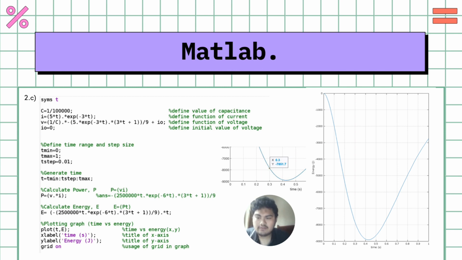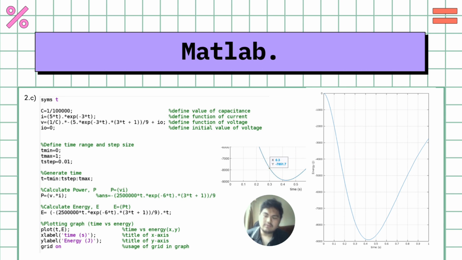To calculate power using p equals vi, the answer is negative 2,500,000 t times exponent negative 60 times 3t plus 1 over 9. To calculate energy using e equals pt, negative 2,500,000 t times exponent negative 60 times 3t plus 1 over 9 times t.